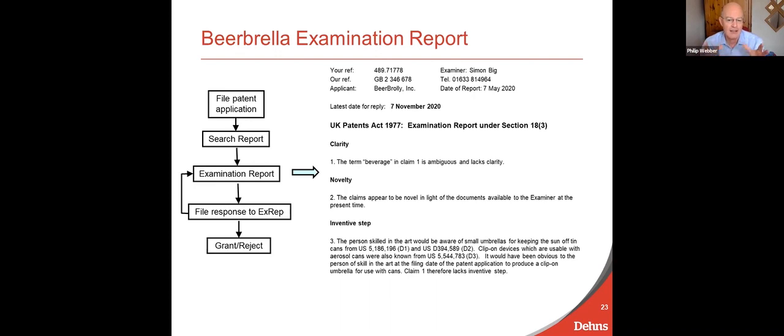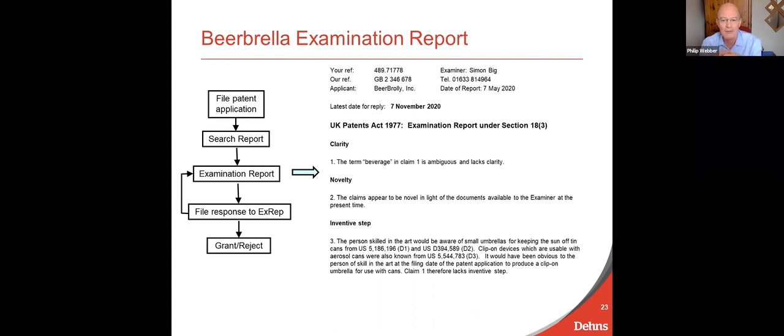But it's the patent attorney's job, my job, to look through these objections and decide whether they are reasonable ones or not. So within the time limit for filing a reply, I need to receive the report and send it to you. You need to think about it, possibly discuss with your other inventors, then give me instructions on how to deal with the response, and then for me to file the response with the patent office.